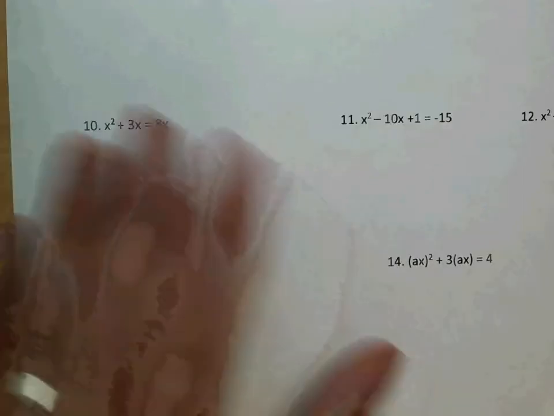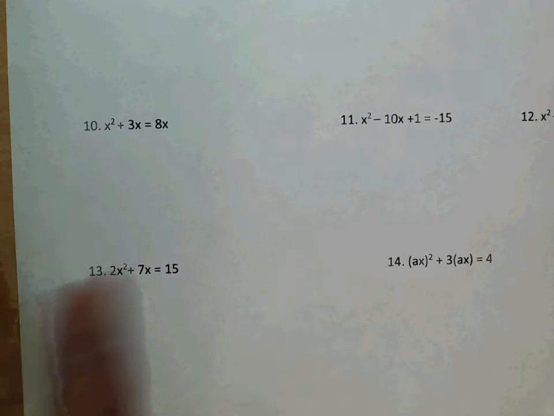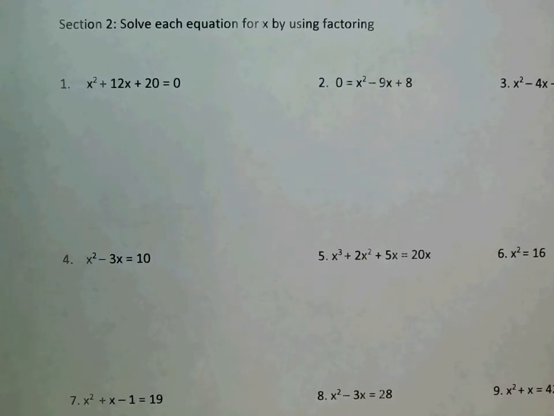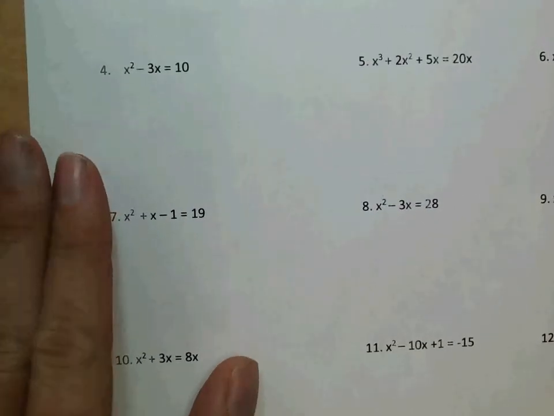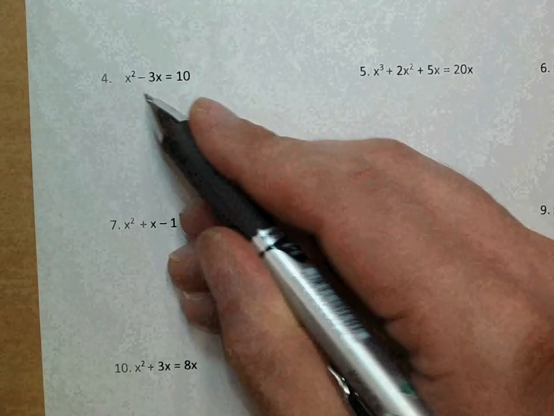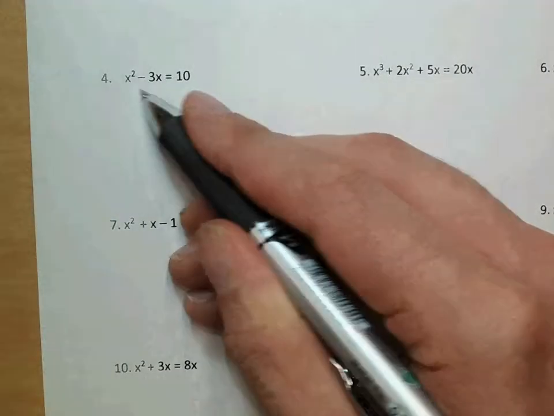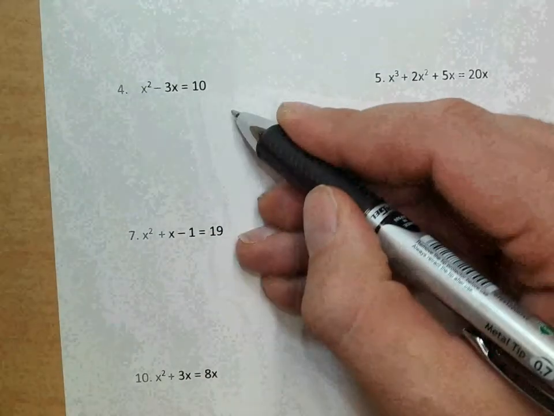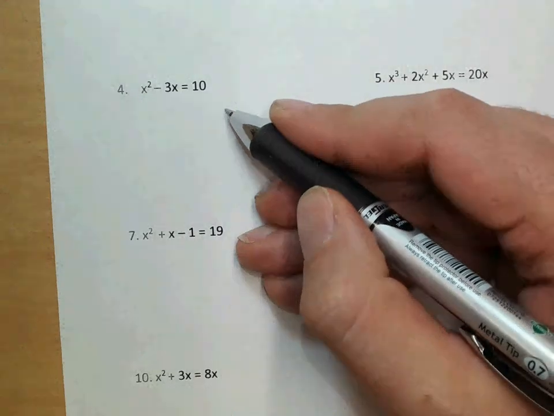On the back, you need to solve each equation for x. We're solving for x here. I'm going to skip the first 3 because the first step is already done for us. The first step when you're solving a quadratic equation is to get it equal to 0. The reason is, when it's a linear equation, you can get the x by itself, no problem.